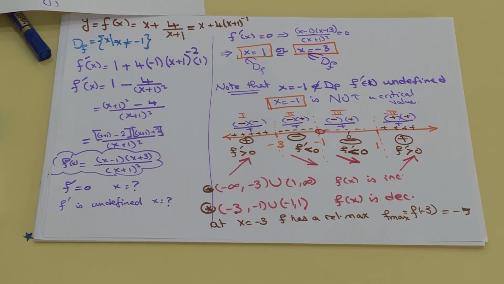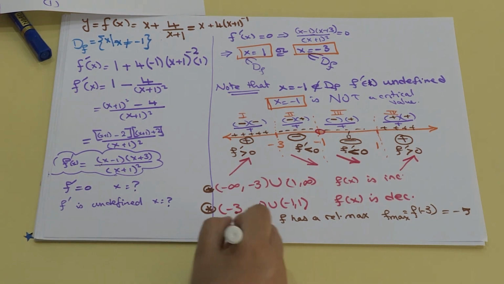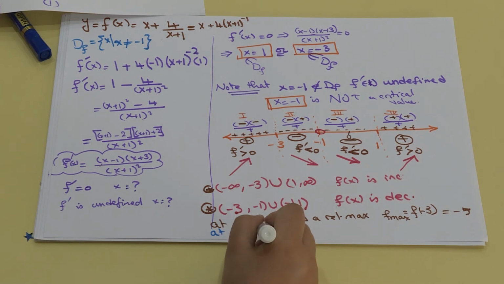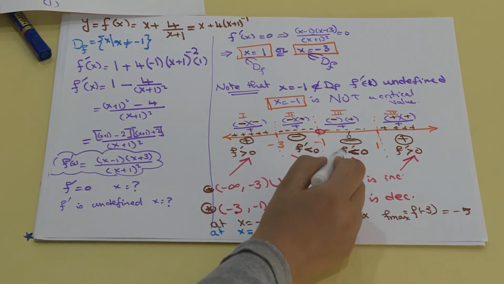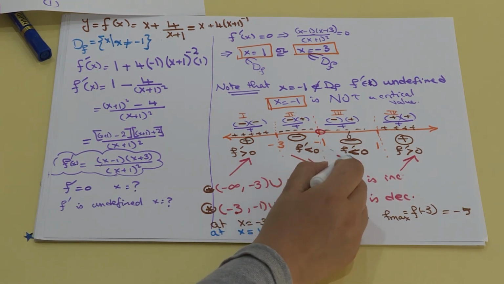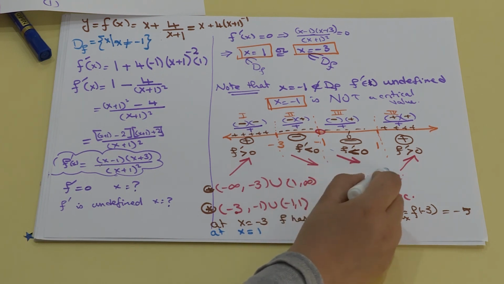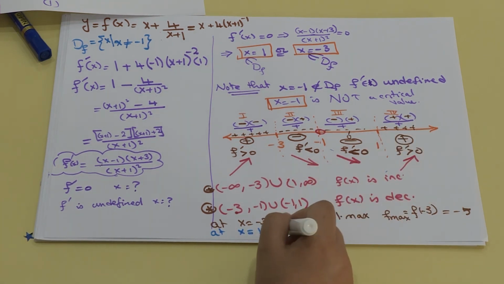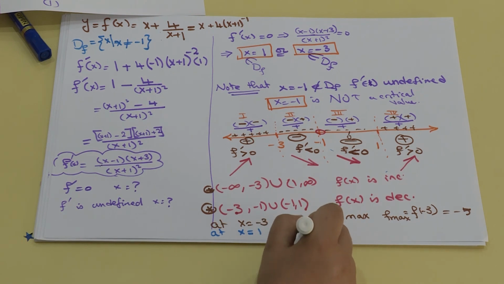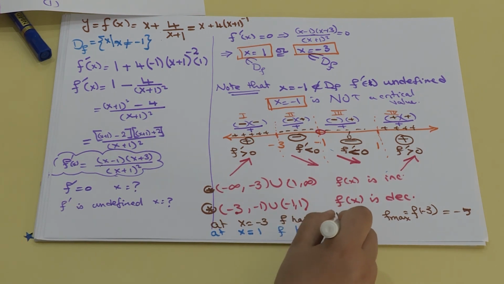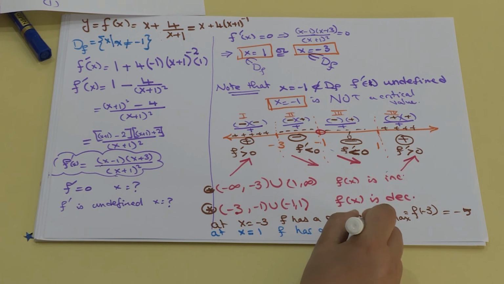Now, what's happening next? At x equals 1, we see that before 1, to the left of 1, it is decreasing, and then it starts to increase. So at x equals 1, the function f has a relative minimum.